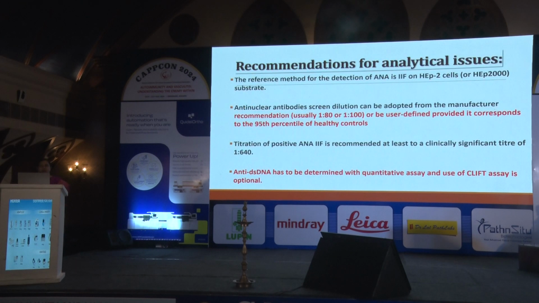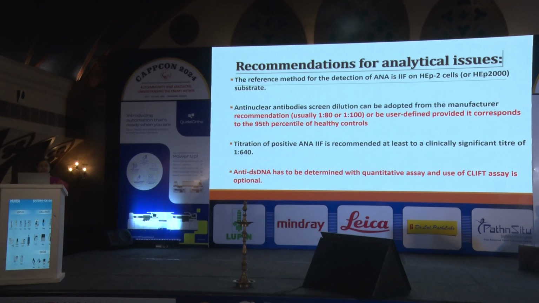As I have already said, why 1:80 or 1:100? Because according to the CLSI guidelines, 95% of the normal population should be ANA negative at this cutoff. So 1:80 or 1:100 is used, and a titer of 1:160 or more, up to a titer dilution of 1:640, is usually clinically very relevant.